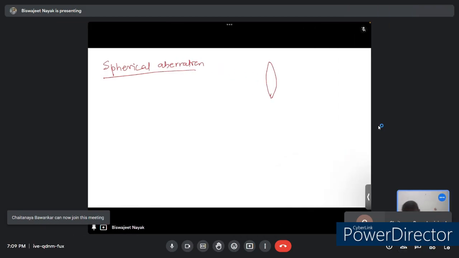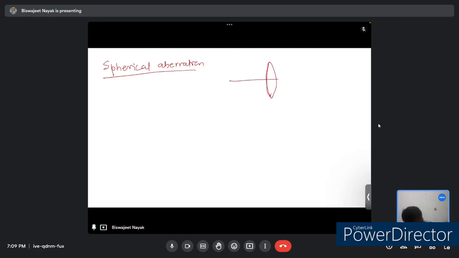Because of the spherical nature, at different planes of the lens, away from the optic axis, wherever the light passes through the lenses, they are going to have different focus points accordingly.